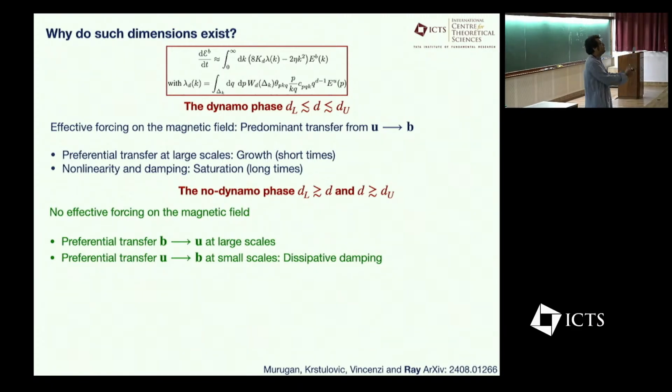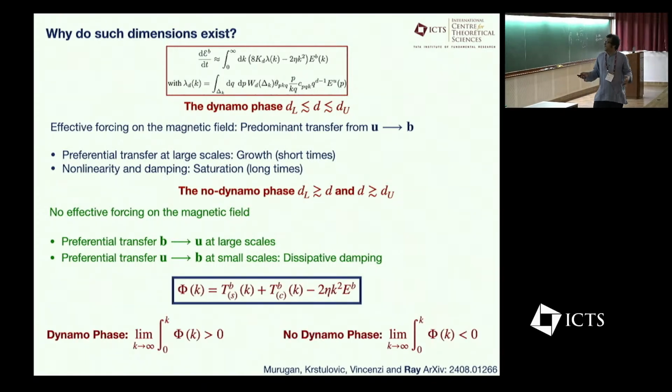But that happens only at small scales, and viscous damping is important there. So you try to feed energy at small scales, and viscosity eats it all up. And so essentially, in very short times, you get this behavior where everything dies. All right? And this is best analyzed theoretically by looking at this effective transfer term.